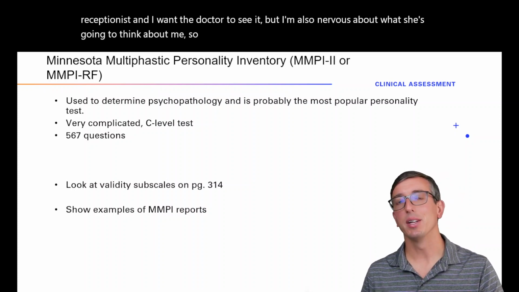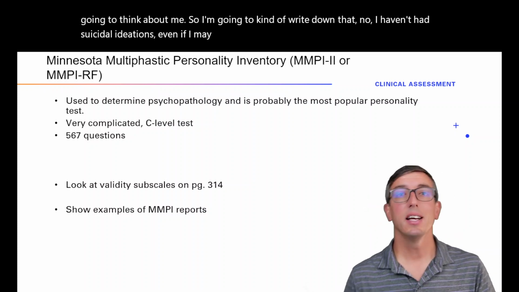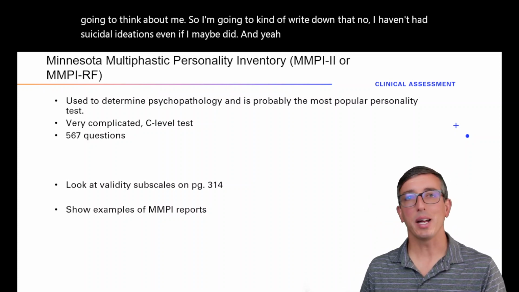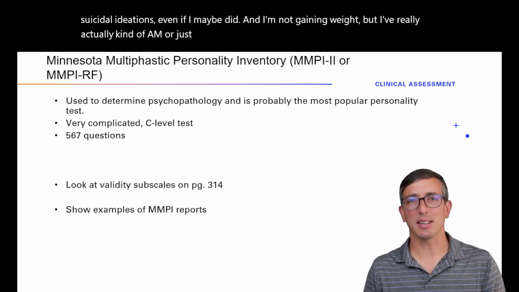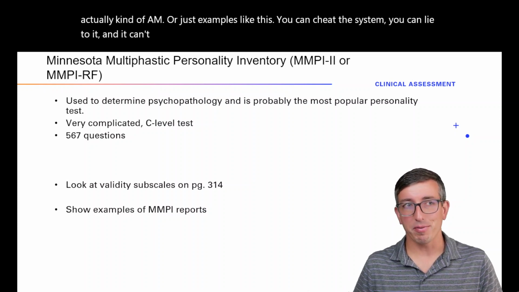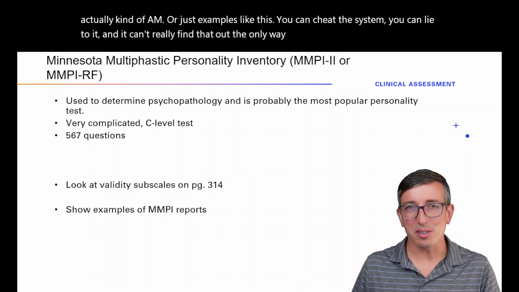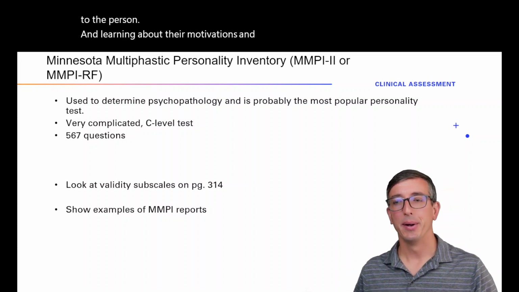So I'm going to write down that no, I haven't had suicidal ideations, even if I maybe did. And yeah, I'm not gaining weight, but I actually kind of am. You can cheat the system. You can lie to it, and it can't really find that out. The only way you can find that out is by talking to the person and learning about their motivations.